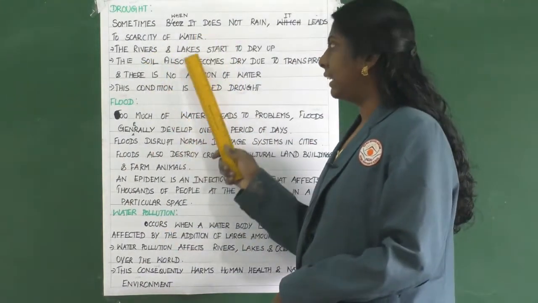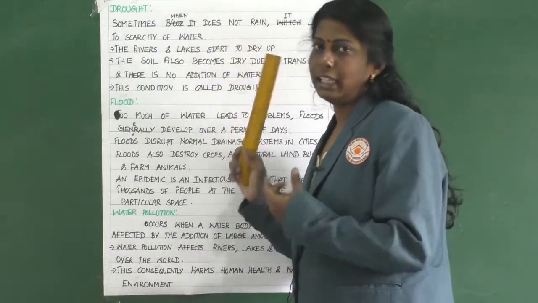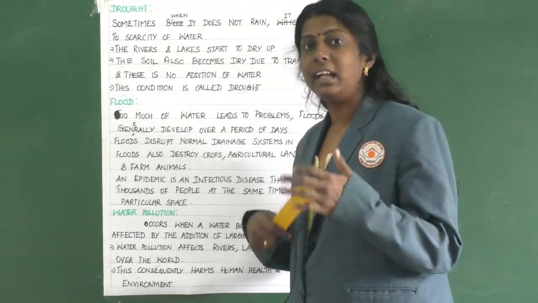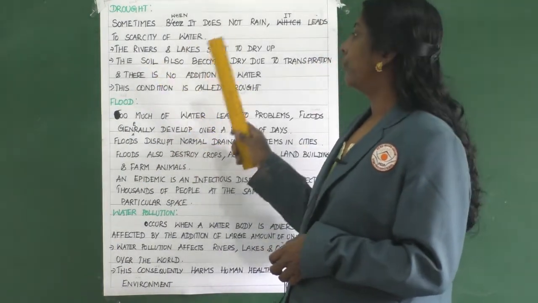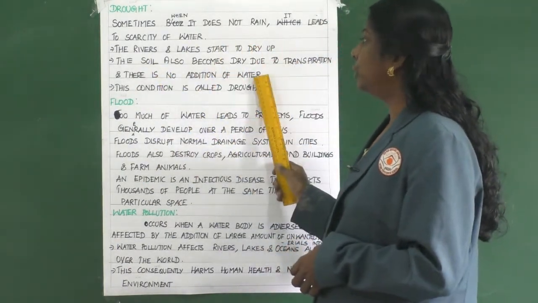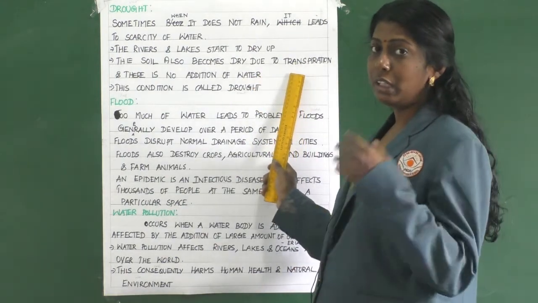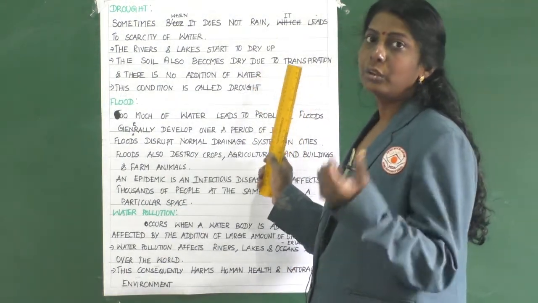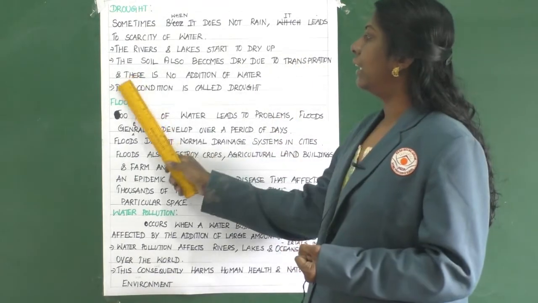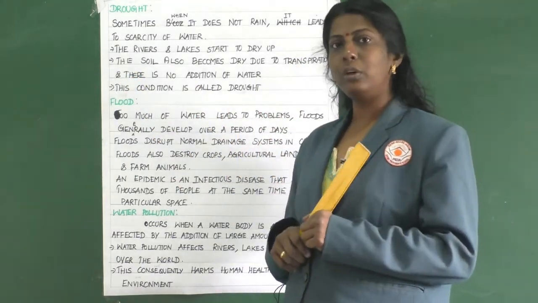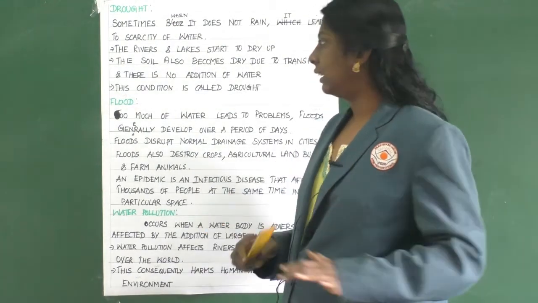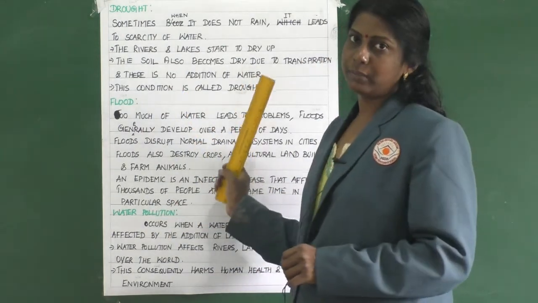The rivers and lakes start to dry up. The soil also becomes dry due to transpiration, and there is no addition of water. So this condition is called drought.